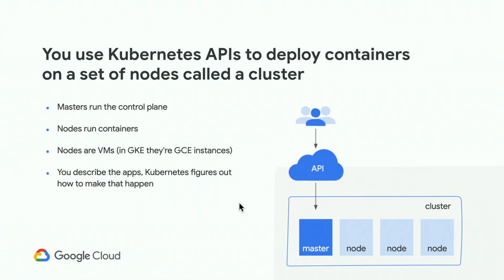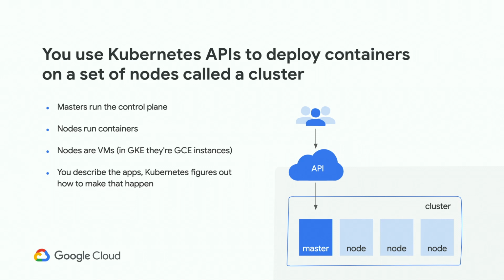So we said you use the Kubernetes API to deploy containers on a set of nodes called a cluster. Of course the cluster will have the master node and worker nodes. The master node is something our service will help you take care of, so you don't really see that master node, but those worker nodes you will actually see in your Compute Engine page, because they are all Compute Engine instances.